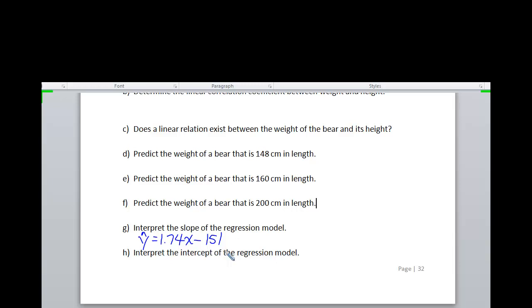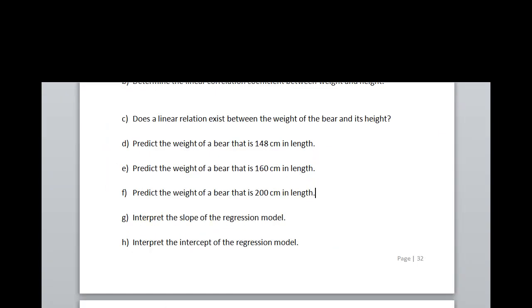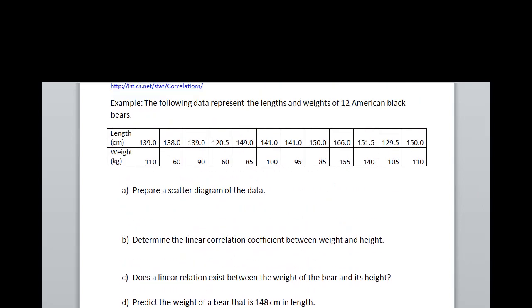That doesn't make sense. And again, the reason that that doesn't make sense in this case is because 0 falls very far outside of the range of observed values. We don't have any zeros in these values that we observed for length. So in this case, the intercept does not have a practical interpretation, and that's what I would say.